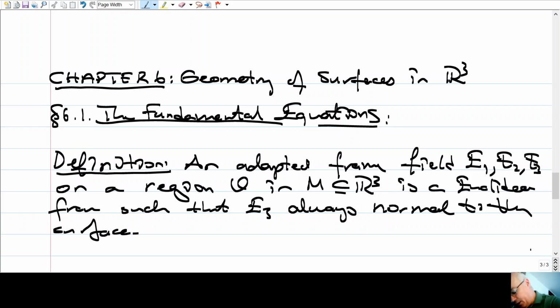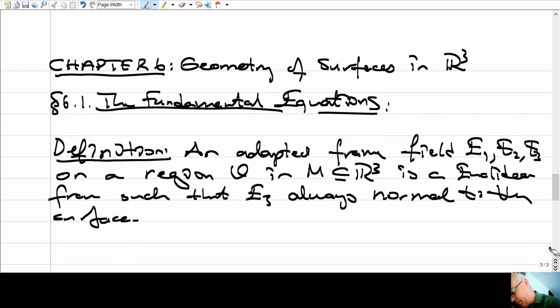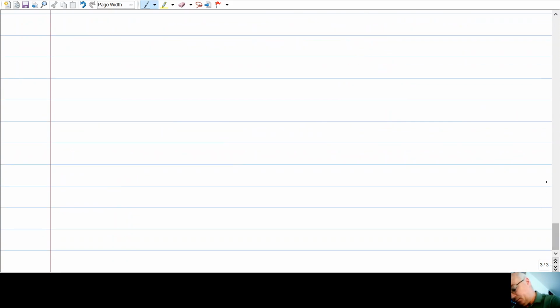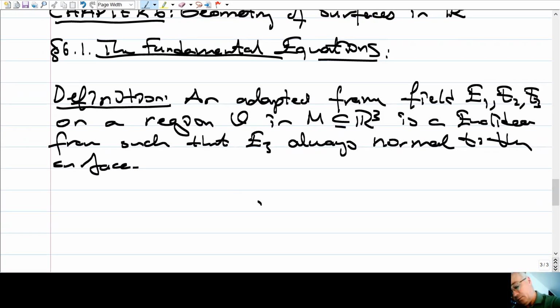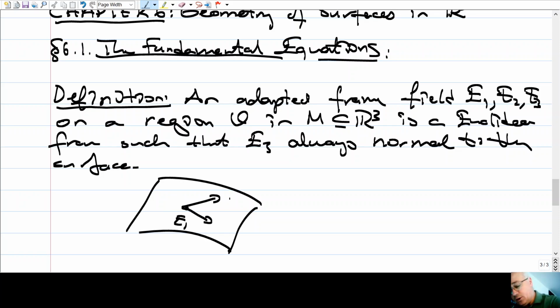So E3 is the normal vector. Okay. So it's a frame so that, let's say, E1 is like this. Since E3 is normal, the other two should be tangent, of course. E2 is like this, and E3 is normal. Okay.